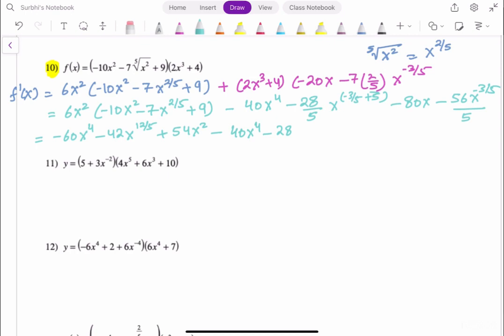Why we got 12/5? Because a to the power of m times a to the power of n, we are adding the two powers together. And when we are adding the two powers together, we are using the principle of adding the fractions with unlike denominators.